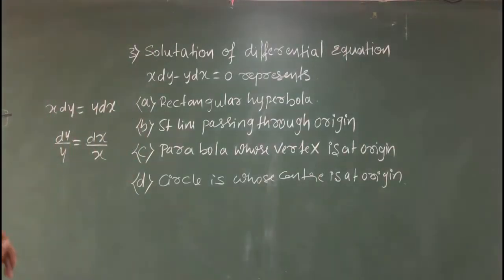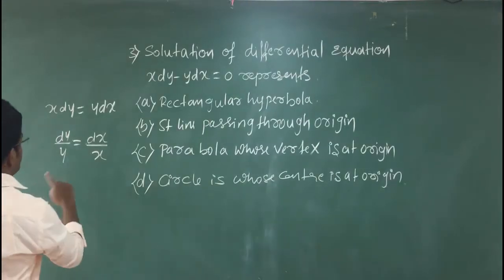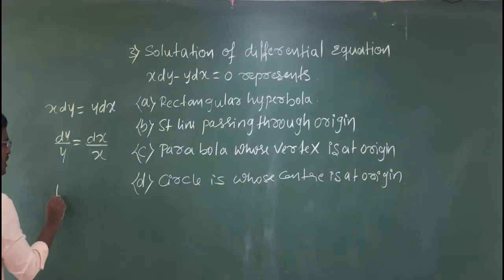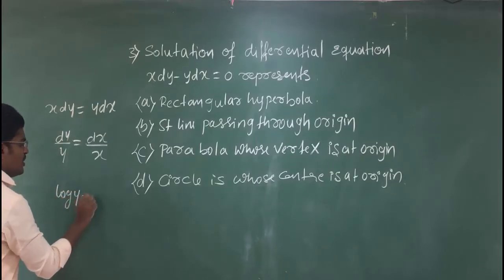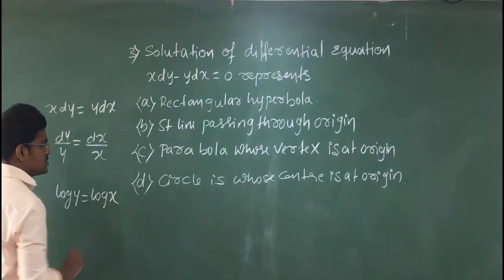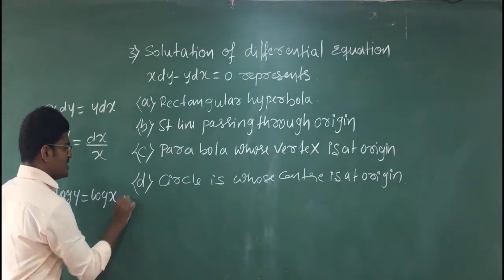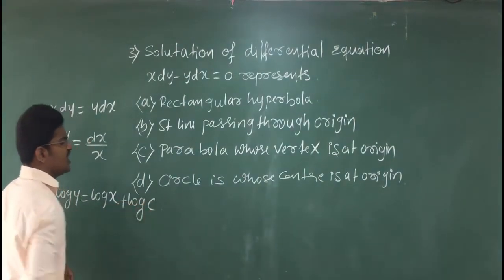After separating variables, you have to integrate on both sides. So now let us see what will happen after integrating on both sides. If I integrate on both sides, it will be log y equal to log x.